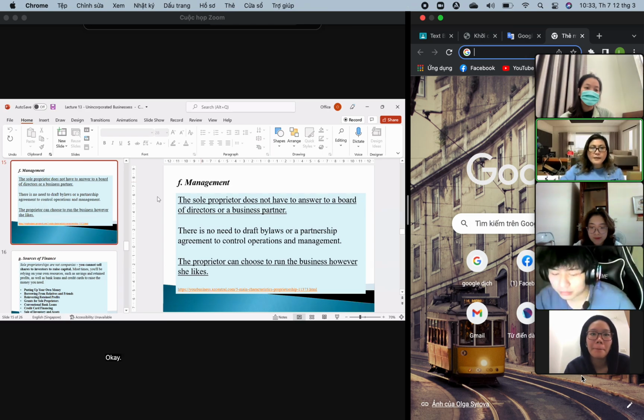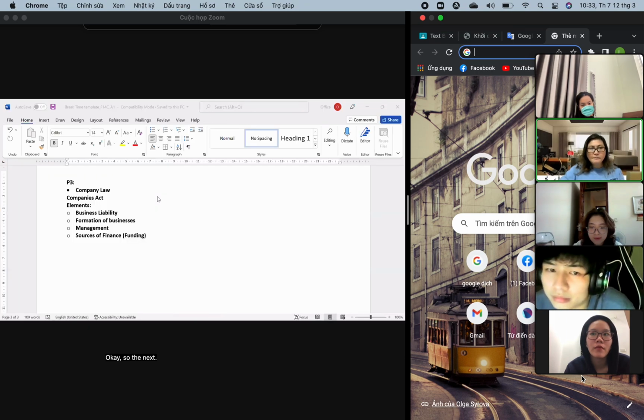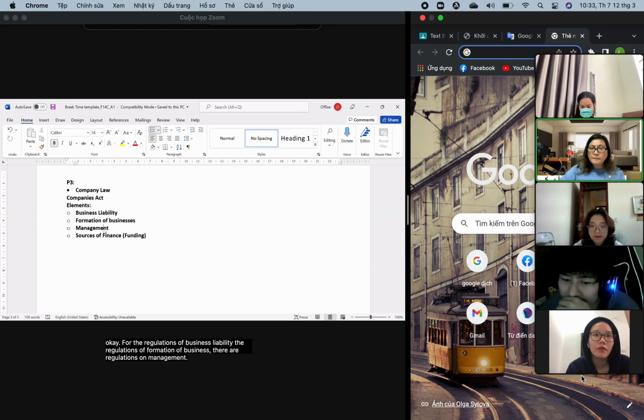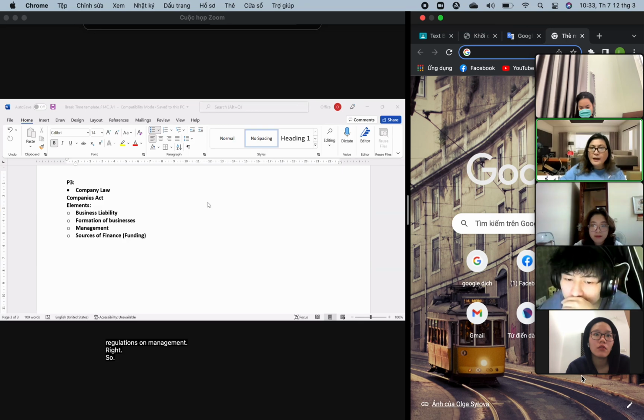So the next element here is management. There are regulations on business liability, regulations on formation of business, and regulations on management. So, what are the regulations?